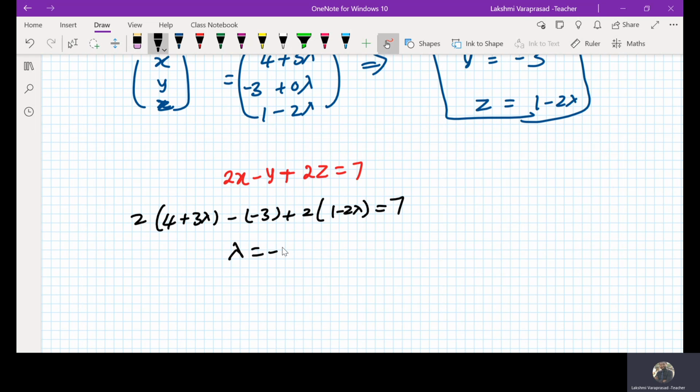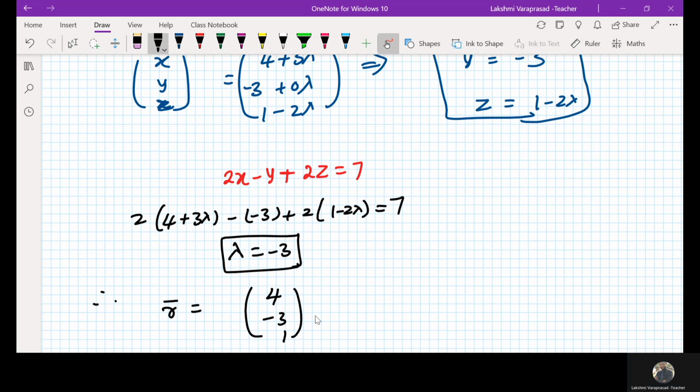If you simplify, lambda is equal to minus 3. Therefore, our vector line equation r bar is equal to (4, minus 3, 1) minus 3 times (3, 0, minus 2).